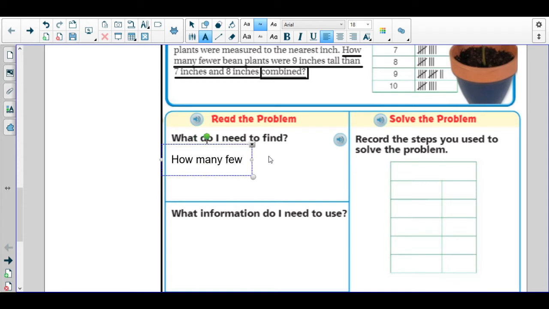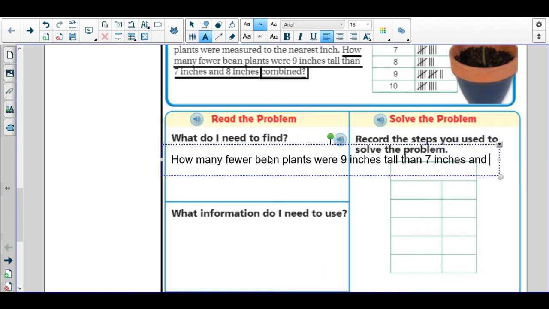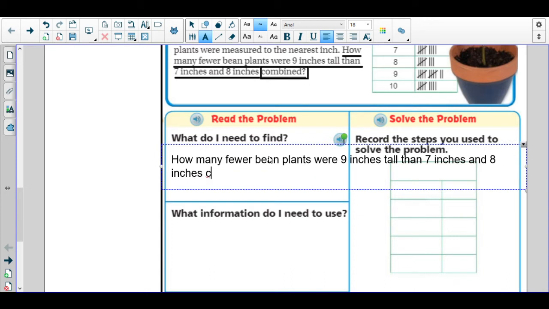How many fewer bean plants were 9 inches tall than 7 inches and 8 inches combined?